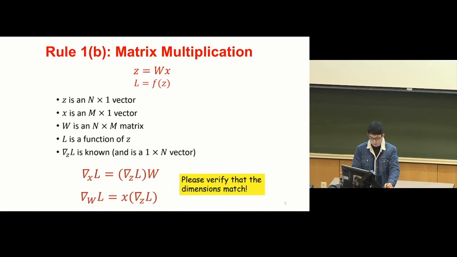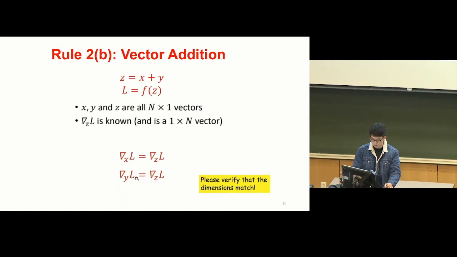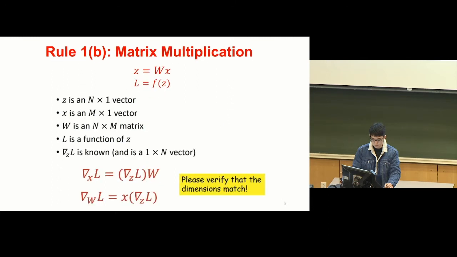So the partial derivative of L to x equals the partial derivative of L to z times W. But when we are computing the derivative for vectors, one thing we need to make sure of is that the dimensions match. Here, the partial derivative of L to z is a row vector because z itself is a column vector, so it's 1 cross n.